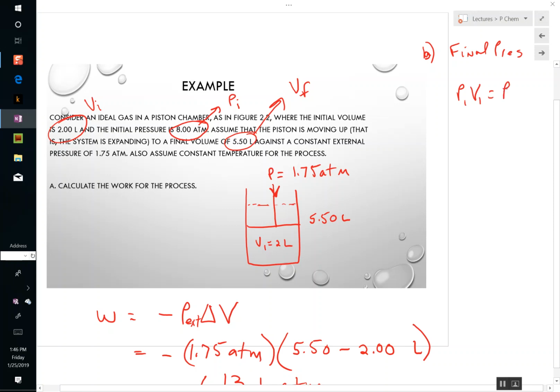P1 V1 equals P2 V2. We want to know P2. P2 equals P1 V1 divided by V2. That's pretty straightforward. P1 is 8 atmospheres, V1 is 2 liters, and V2 is 5.5 liters.